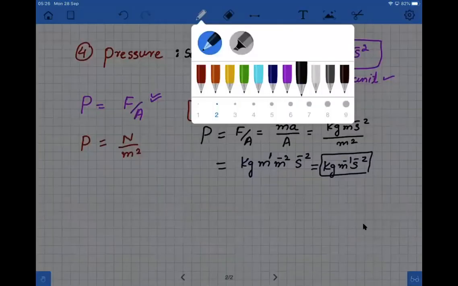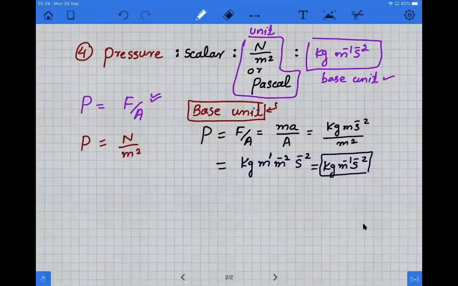The fifth base unit that we studied is momentum. Momentum physically is the damaging capability of an object. How much damage an object can cause, it is called momentum.